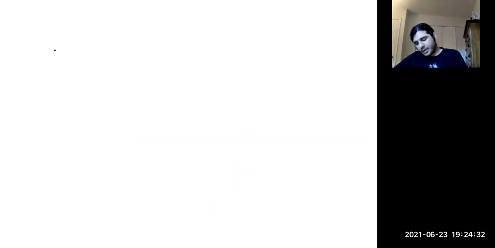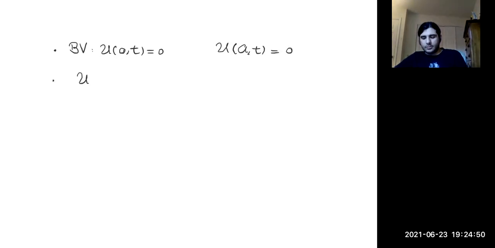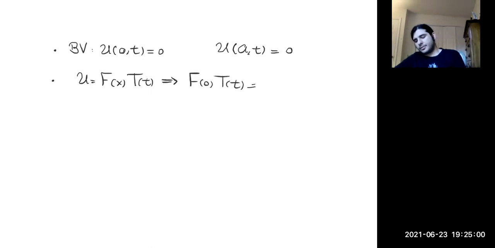Boundary value conditions told us that u at x equal to 0 at any time t is equal to 0, and u at a at any time t is equal to 0. Now, knowing that u is equal to f of x T of t, this means f of 0 T of t is equal to 0.